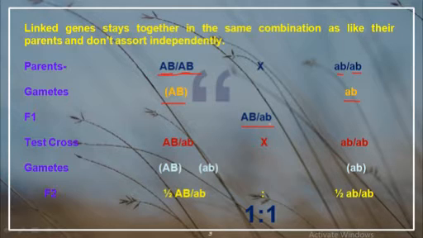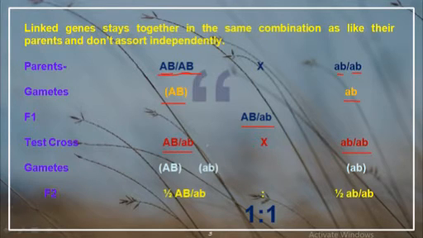Now in the second step, we allow these F1 offspring to cross with the recessive parent, and this is also known as a test cross. So we have crossed this resulting progeny with the recessive parent.